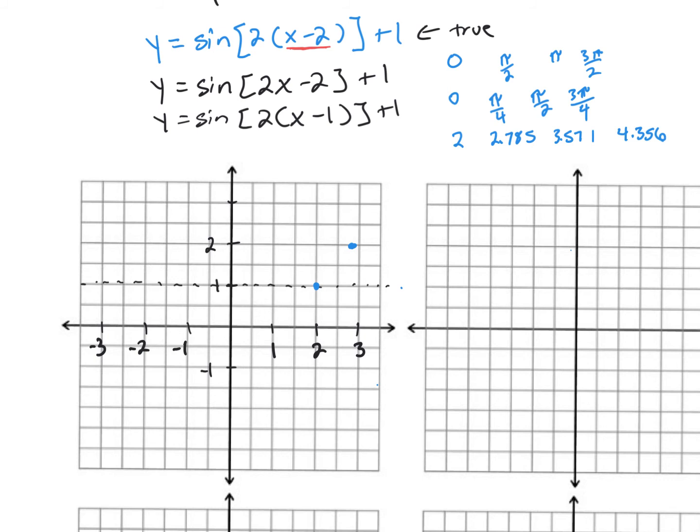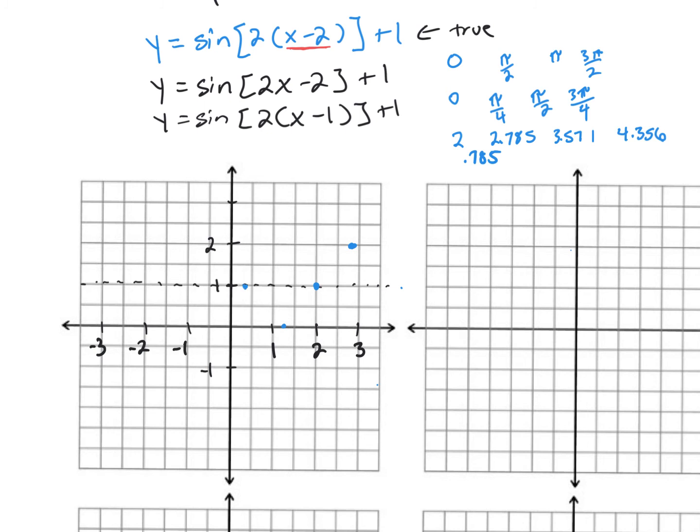I notice it goes about 0.785 each time, so going backwards, 2 minus 0.785 is 1.2 something, so that's down here, and then I keep subtracting 0.785. I get 0.43, which is about here.